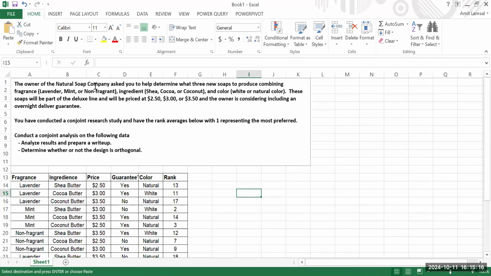These soaps will be part of the deluxe line and will be priced at $2.50, $3 and $3.50. And the owner is considering including an overnight delivery guarantee.